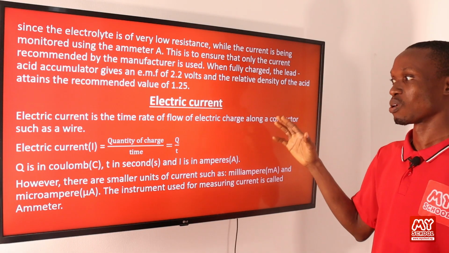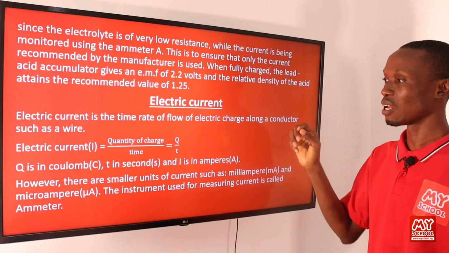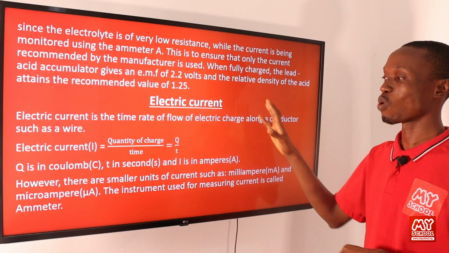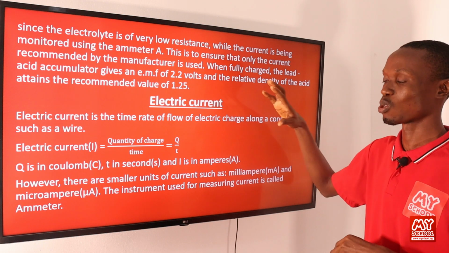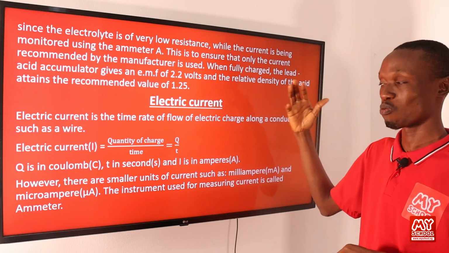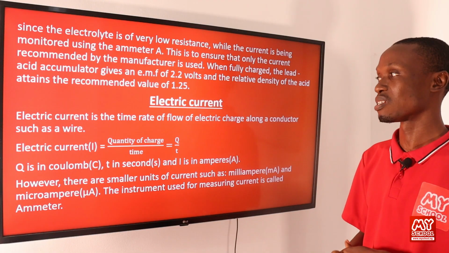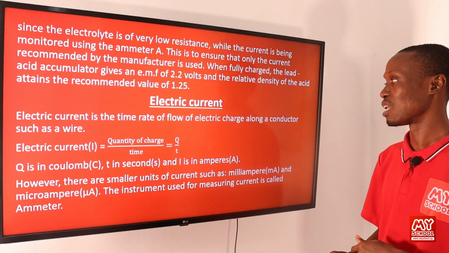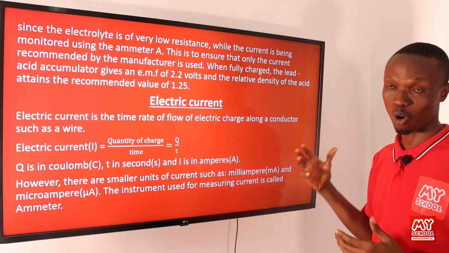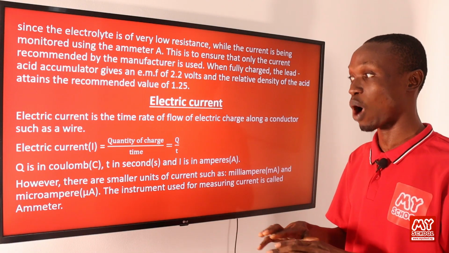Now let's talk about electric current. We are just going to define electric current, talk about the formulas for solving problems under electric current and the rest. Electric current is the time rate of flow of electric charge along a conductor such as a wire.